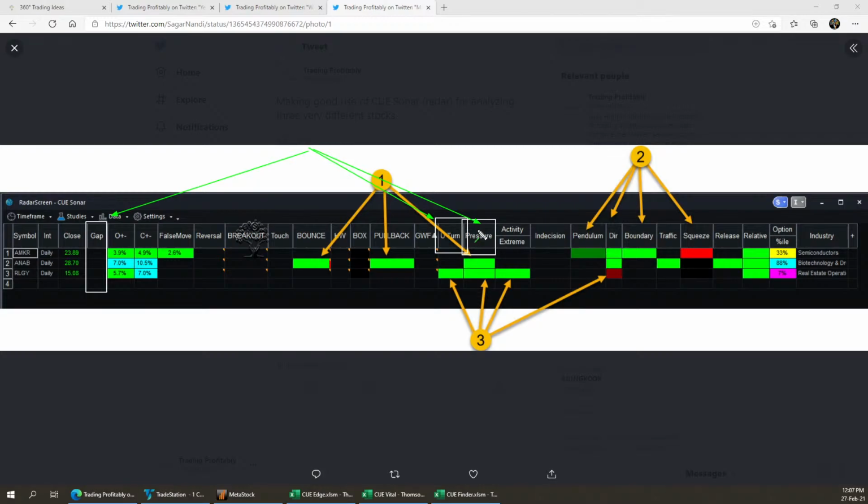And once you identify a buyable gap up, that is gap up with pressure, mostly it will be associated with a bullish flow also. Mostly it will also have a traffic light candle color change to green if it was not already green.